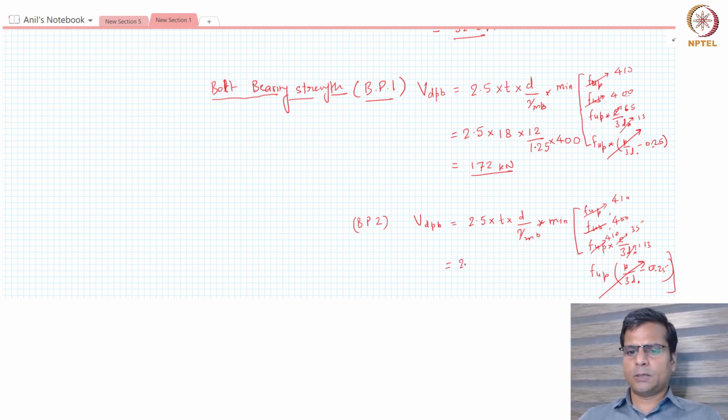We substitute the values: 2.5 multiplied by thickness. This time we will take the thickness of the two plates. Each plate is 10 millimeters thick, so we will take 20 millimeters total thickness. The diameter of the bolt is 12 millimeters, divided by 1.25, multiplied by the minimum of 410, 400 and 410 times 35 divided by 39. This turns out to be 368 MPa. So we will take 368 and this is equal to 176 kilonewtons.